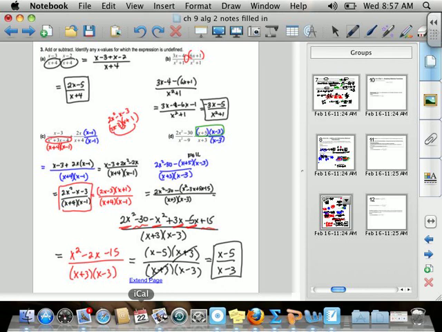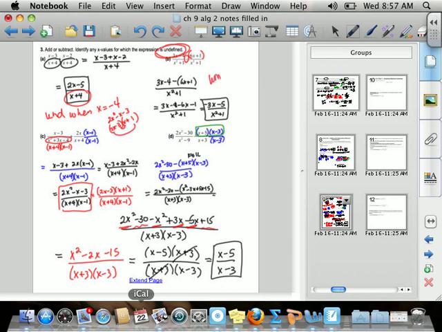Okay, I did forget to do the undefined part. So remember, something could be undefined from the original, so not from your simplified form. So like in part A, when I look at the x plus 4, I'm like, oh, it's undefined when x equals negative 4. But it's also undefined from the original, so always go back and look at the original. In this case, there was nothing else that made it undefined.